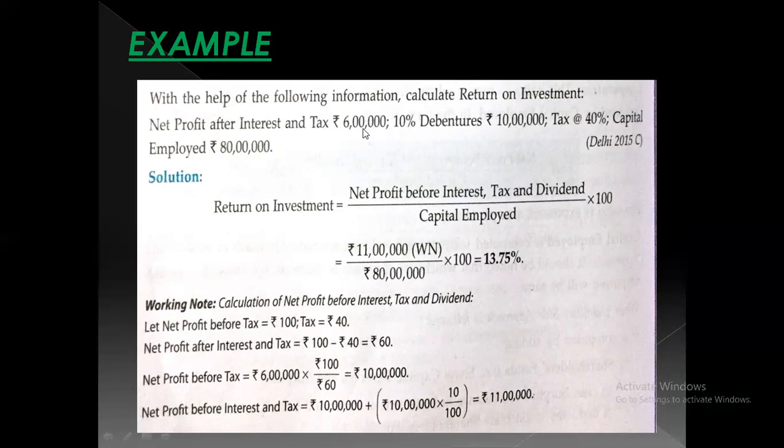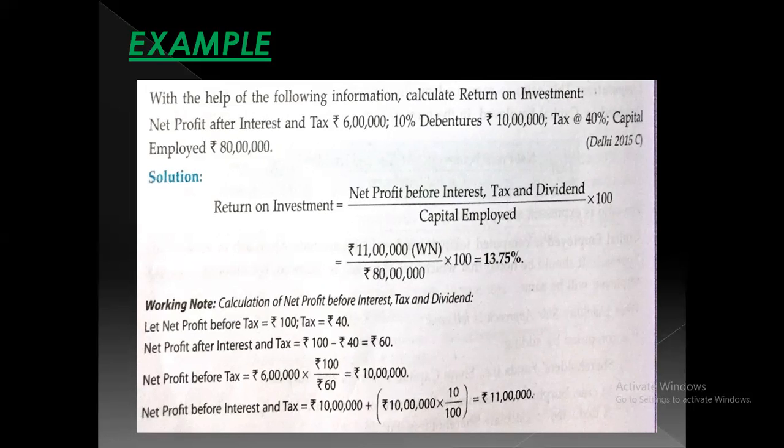Net profit after interest and after tax is given, this is 6 lakh. So let profit before tax be 100. So tax is 40. That means net profit after tax is 60. If net profit after tax is 60, so net profit before tax will become 6 lakh into 100 divided by 60, it is 10 lakh. 10 lakh is net profit before tax.